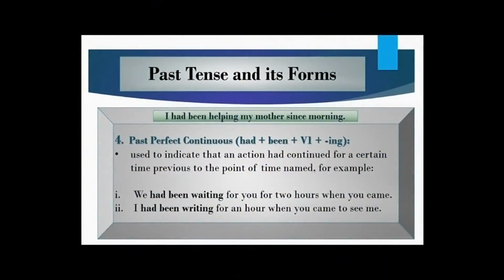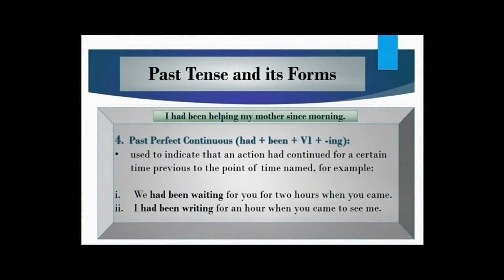Past perfect continuous is used to indicate that an action had continued for a certain time previous to the point of time named. For example, we had been waiting for you for 2 hours when you came. When you came, we had already been waiting for you for 2 hours, right?